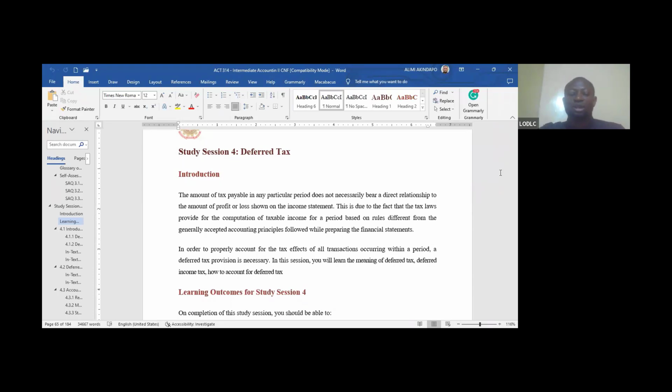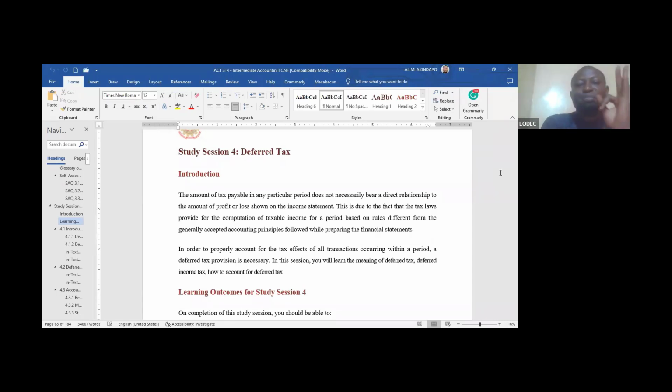So now, the accounting profit, or let me just say the taxation of profit, is what leads to the deferred tax. When we are talking about deferred tax, we should be wary of accounting profit, taxable profit, and the current tax. Those are the three things that we must understand. First and foremost, what is accounting profit?